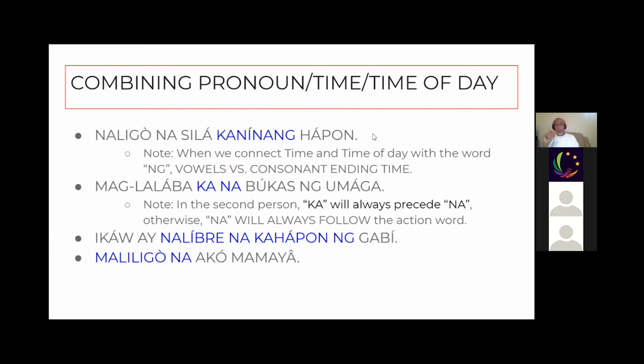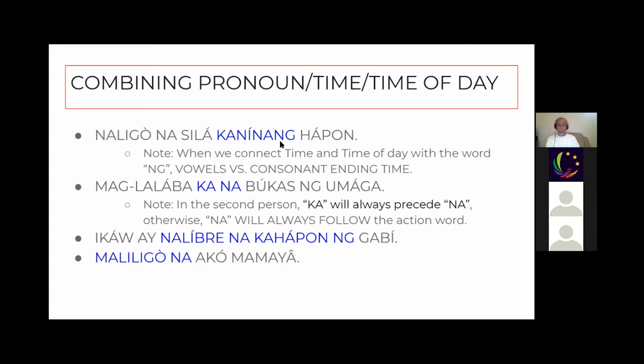Now, the combining, we went through this quickly last week, but we will keep coming back to it. The connective, I just want to emphasize here, the connective "nang," right? Because this is "kanina," which means earlier, "kaninang hapon," earlier this afternoon.